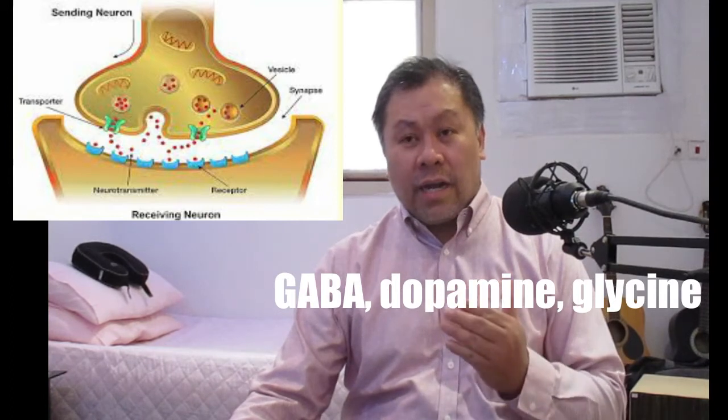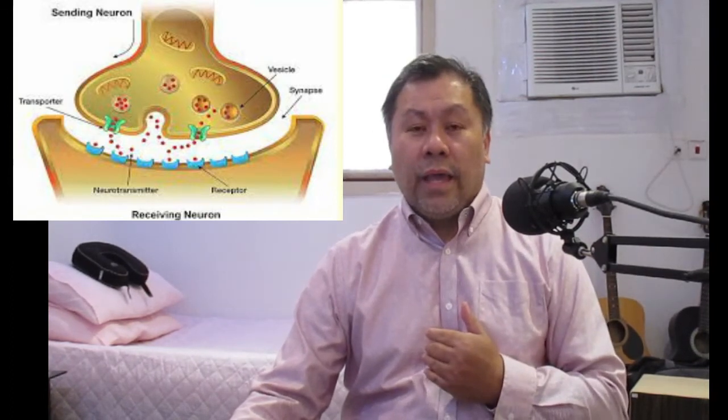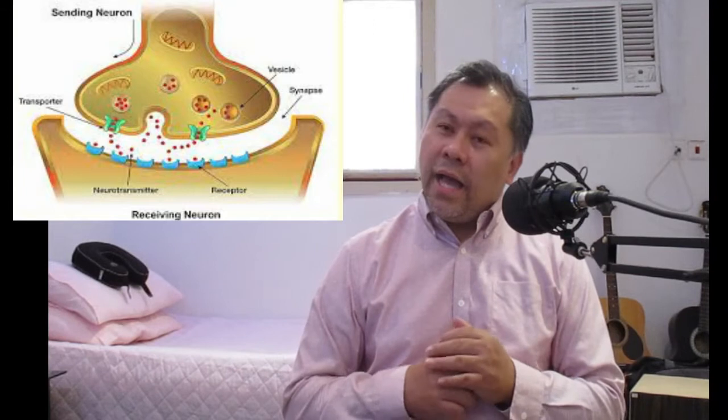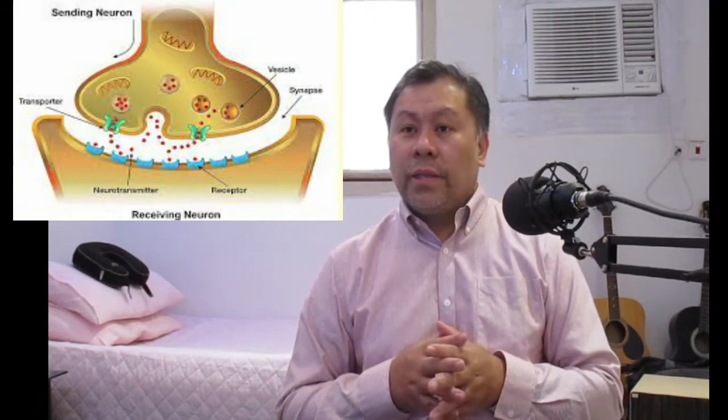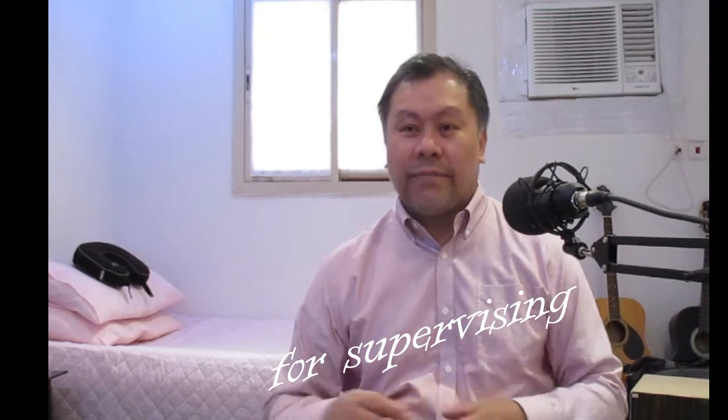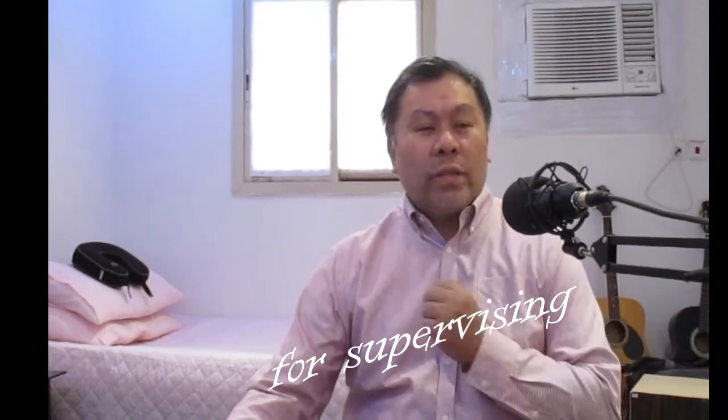Their actions are inhibitory. And what level is in charge of supervising? This is the middle level of somatic activity. And what chemical substances are released from a nerve cell? Those are neurotransmitters.